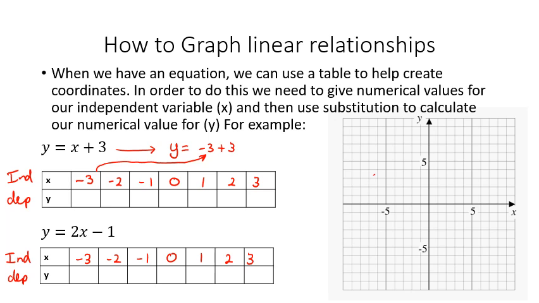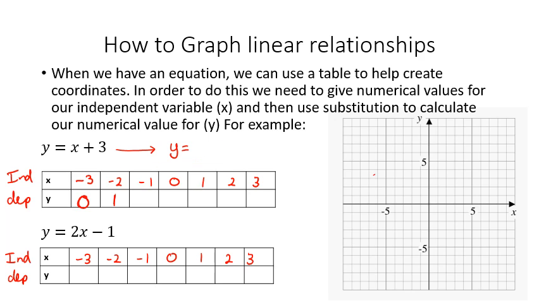And I've kind of skipped ahead there, because when I have the expression -3 plus 3, that's going to give me an answer of 0, and I place my answer in the y value. Now, instead of -3 plus 3, I'm going to end up with -2 plus 3, and -2 plus 3 is going to give me a value of 1.